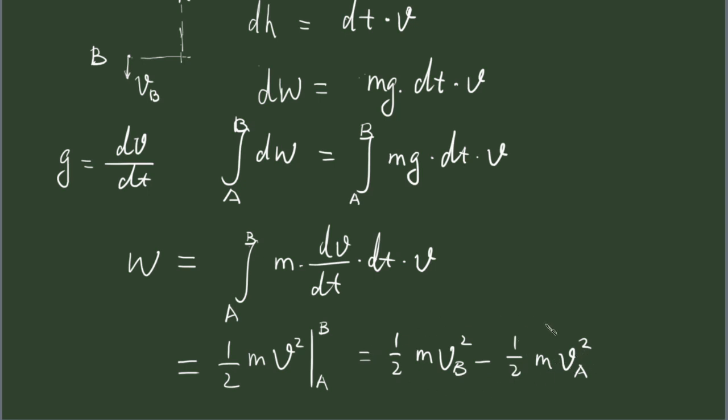And the difference of the kinetic energy is the work done by the gravitational force. Va is the starting velocity, that is 0, and vb is the ending velocity at point B.